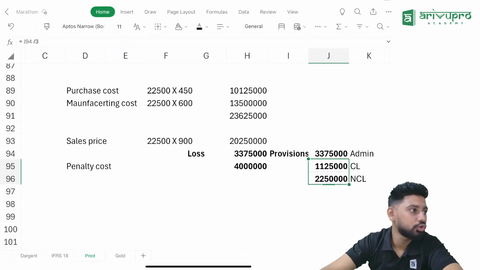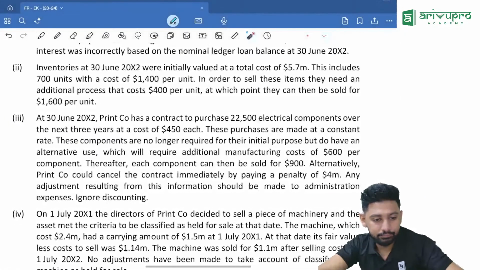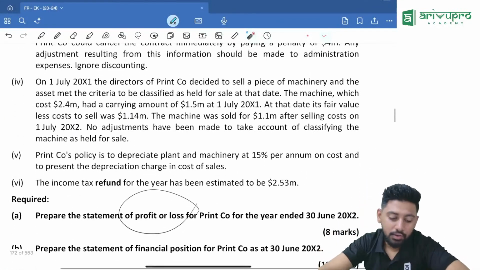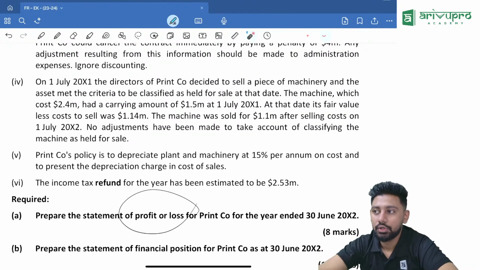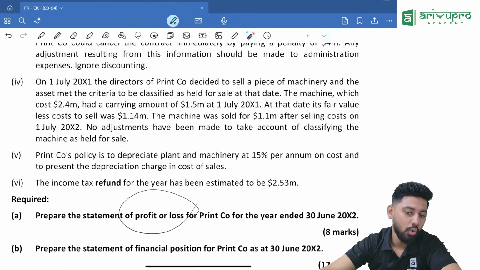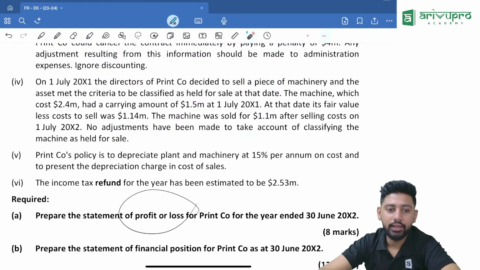Okay, super. That's that. Note number 4. Okay, take a minute.